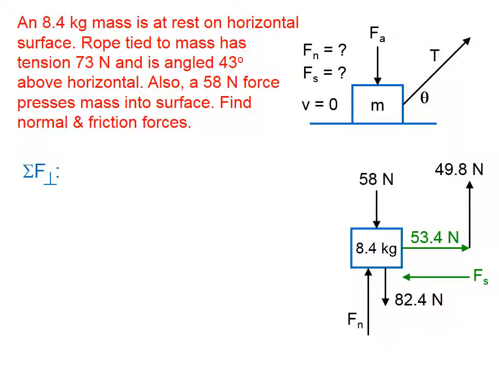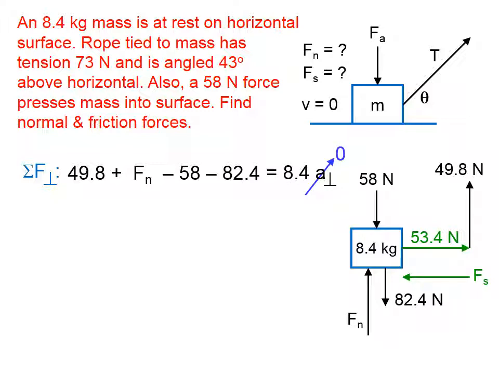So let's sum the forces in the direction perpendicular to the surface. I'm going to choose up to be positive. 49.8 is up, normal force is up, but 58 is down, so it's negative, and 82.4 is down, so that's negative. And Newton's second law says that the sum of these forces should add up to the mass, 8.4 kilograms, times the acceleration perpendicular to the surface.